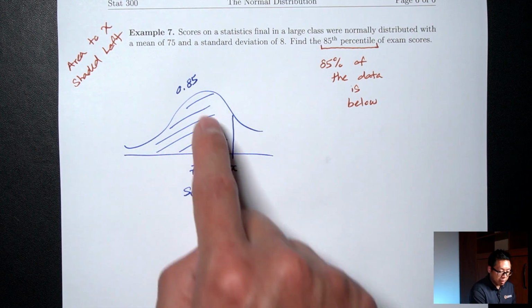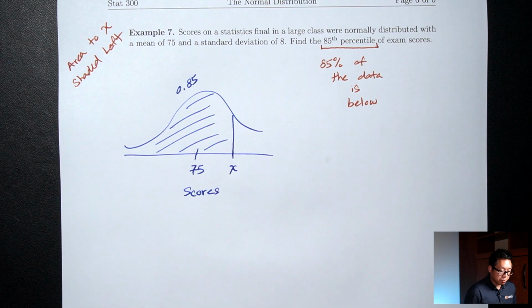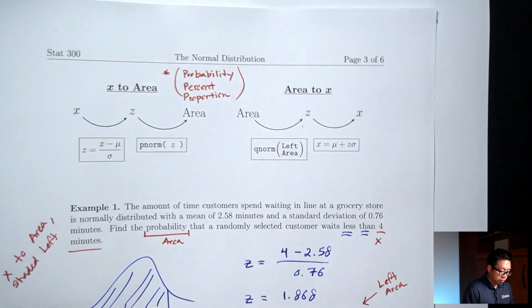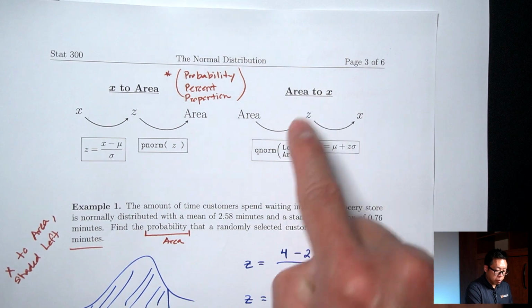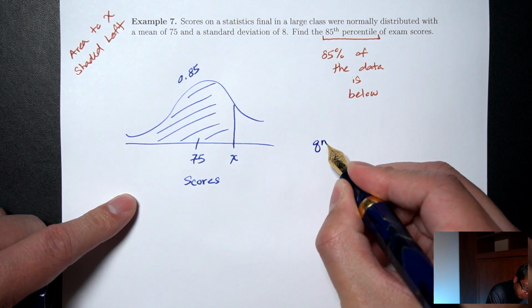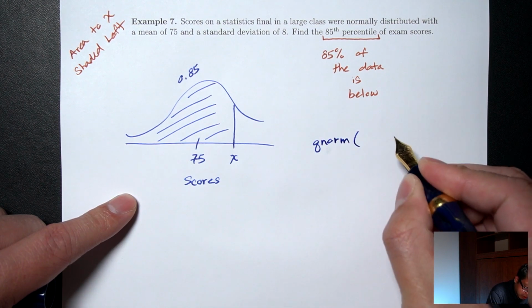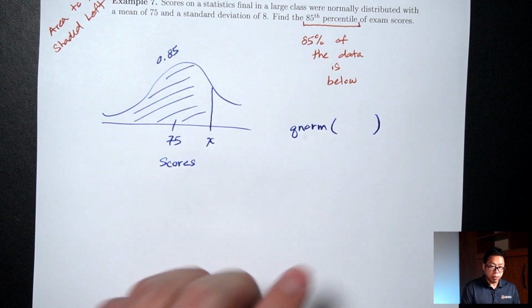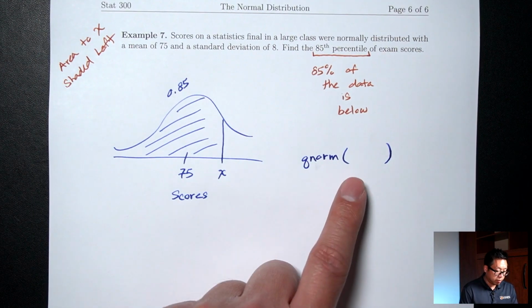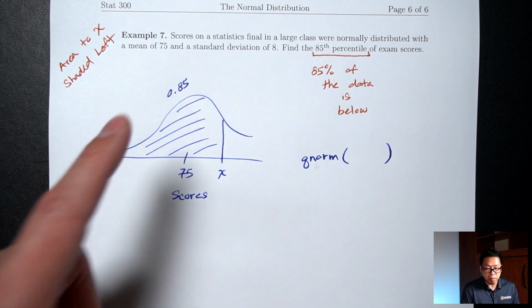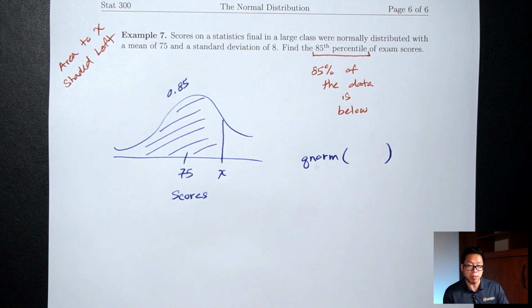What is important is that you have your picture shaded to the left. Okay, so this is an area to x. First thing I need to do is do a qnorm left area. The left area of this picture is the shaded part. The area of this shaded part is 0.85. So that's already the left area, so I don't have to do anything to it.